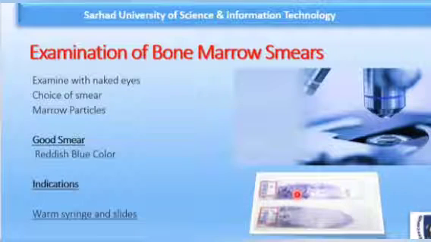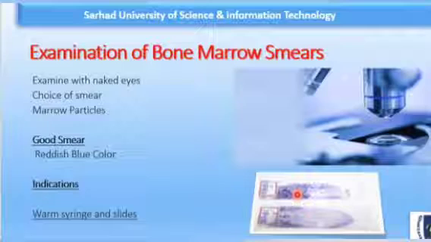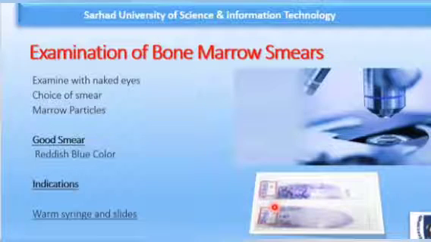So it's compulsory, while dealing with RBC hemagglutination disease, that the slides and syringe are pre-warmed. A good smear has a reddish blue color.